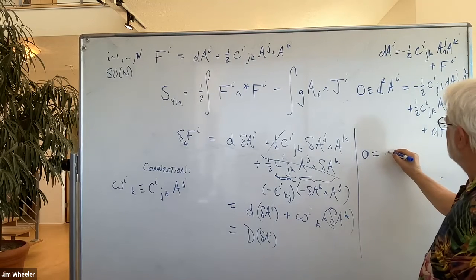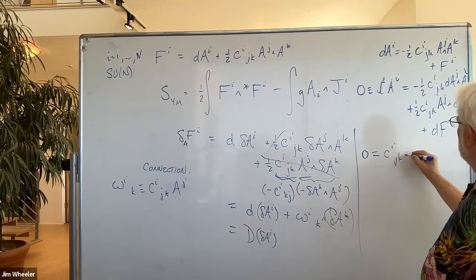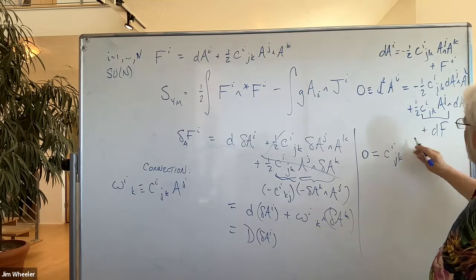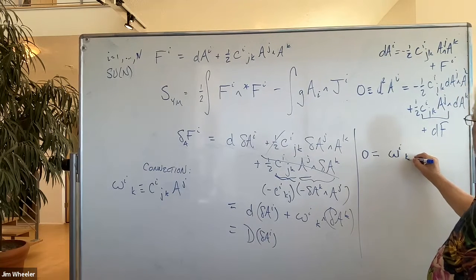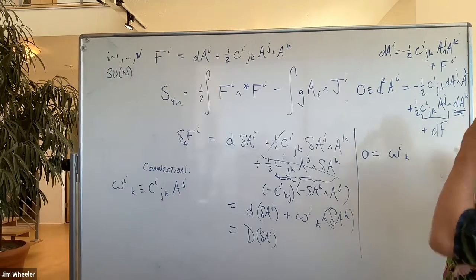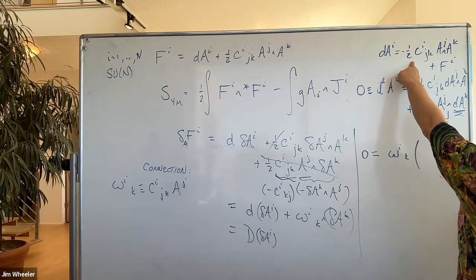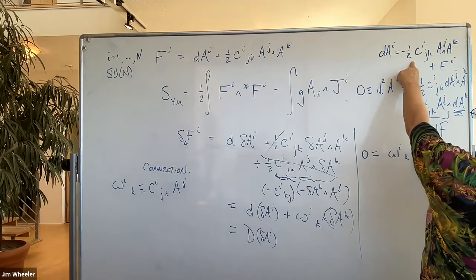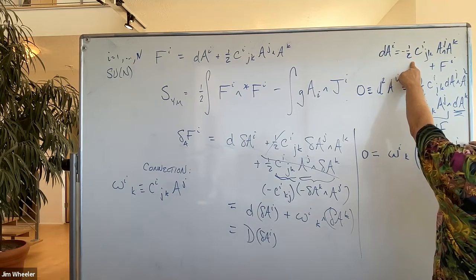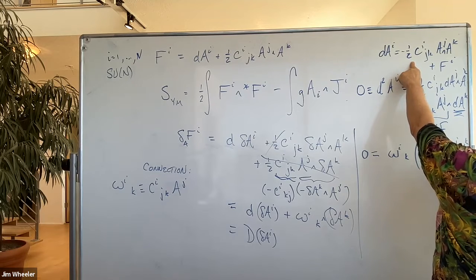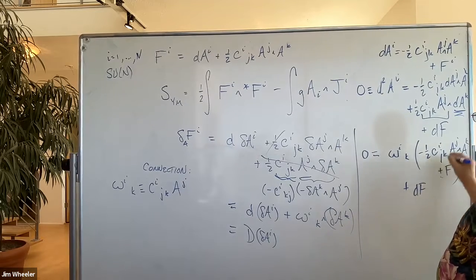So I can write this as Cijk, drop the two. And then the Aj, that's actually my connection omega ik. And then this dAk, I'm going to substitute from the original structure equation here. Minus 1/2 Cijk Aj wedge Ak plus Fi, all with that connection, plus dFi.